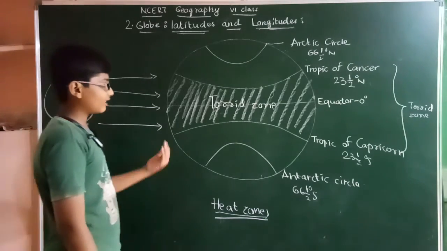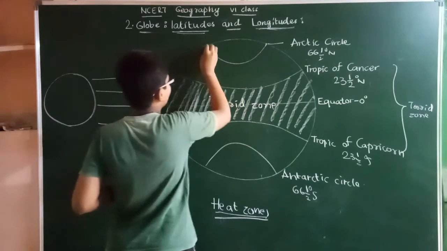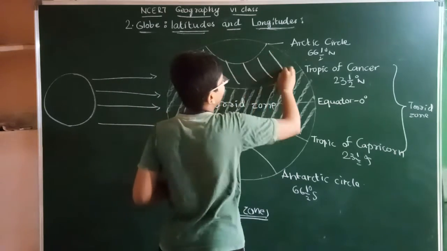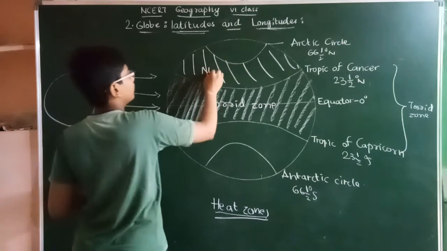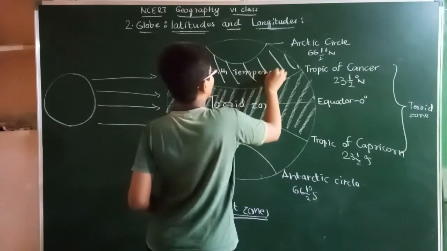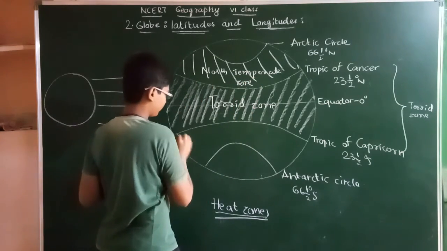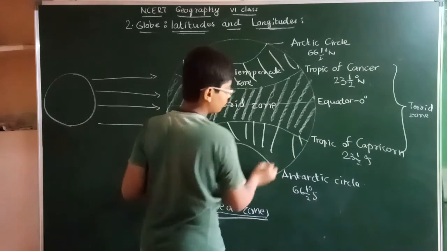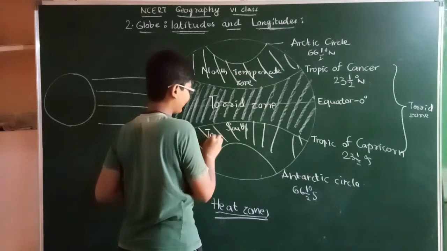Next, from the Arctic Circle to the Tropic of Cancer, we call it the North Temperate Zone. And the area between the Tropic of Capricorn and the Antarctic Circle we call the South Temperate Zone.